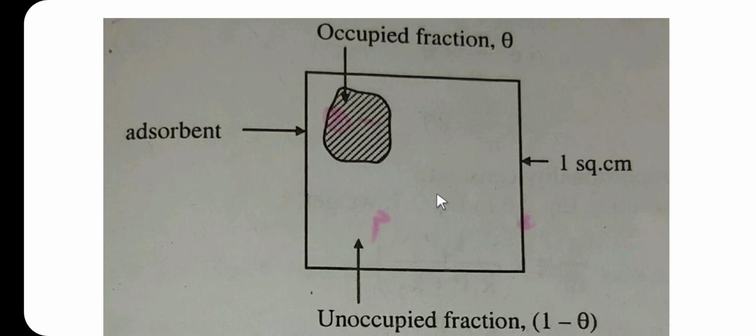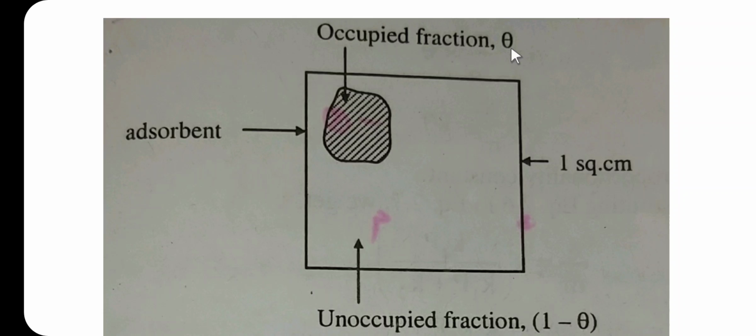Here this is the adsorbent, of 1 square centimeter; this length is 1 centimeter and this is also 1 centimeter. This fraction is the occupied fraction, denoted by the symbol theta, that is, the fraction occupied by the adsorbate on the surface of the adsorbent. The unoccupied fraction is 1 minus theta.